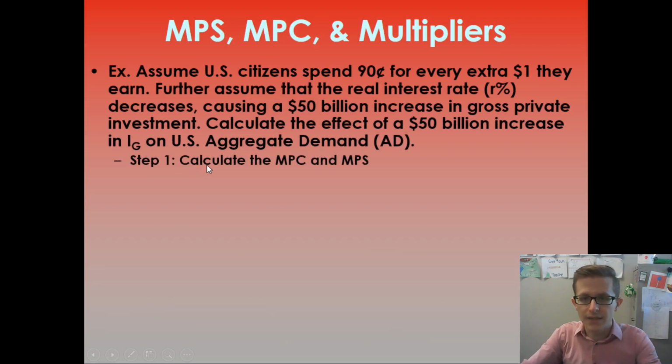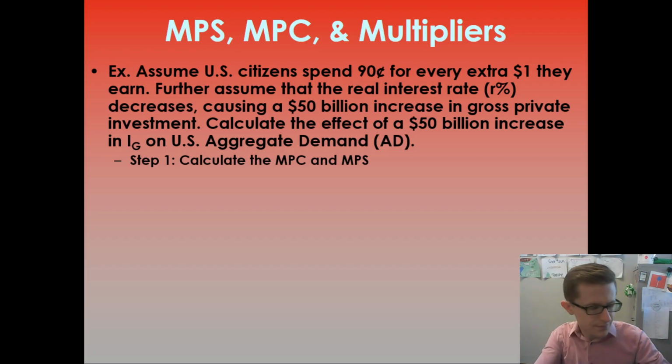So we get to do some practice. For example here, assume U.S. citizens spend 90 cents of every extra dollar they earn. Further assume that the real interest rate decreases, causing a $50 billion increase in gross private investment. Calculate the effect of a $50 billion increase in investment on U.S. aggregate demand.